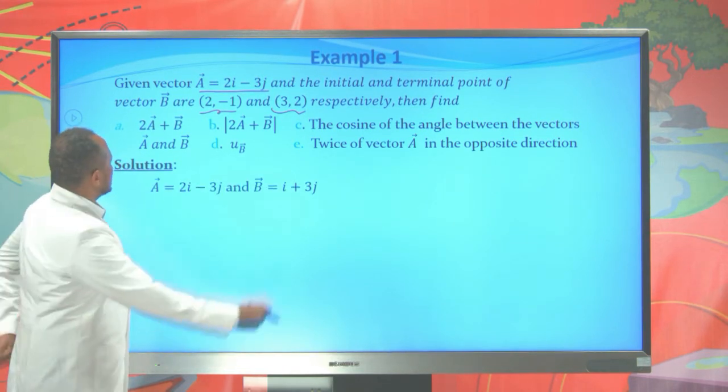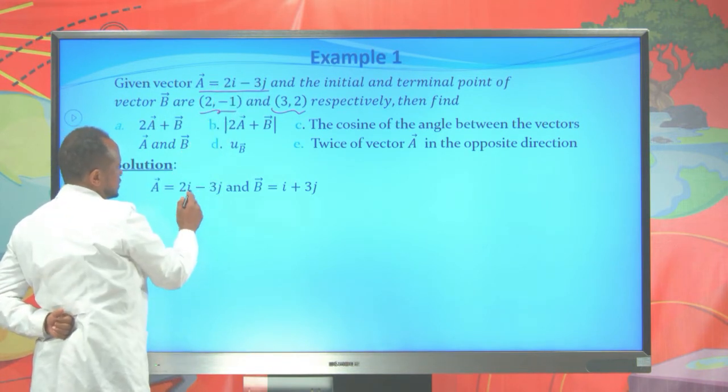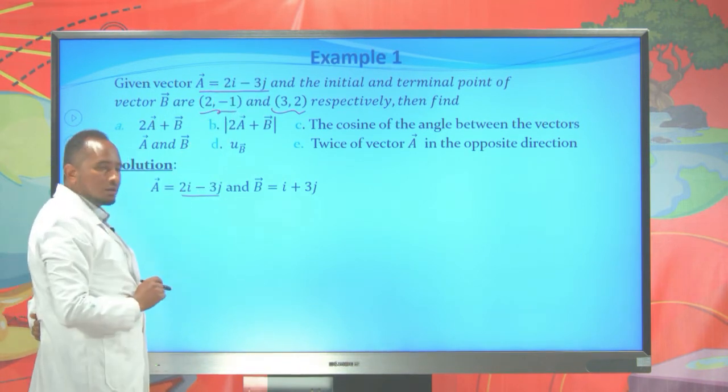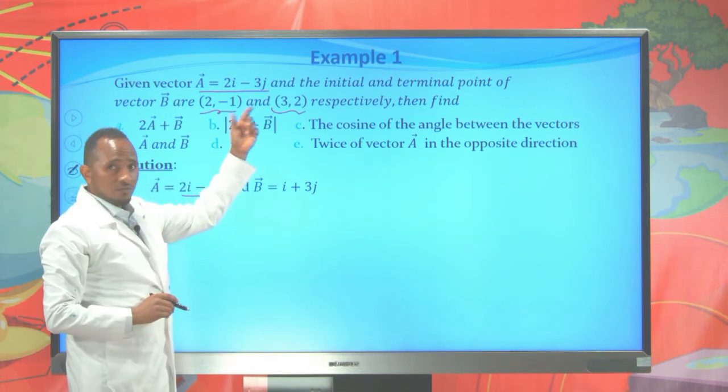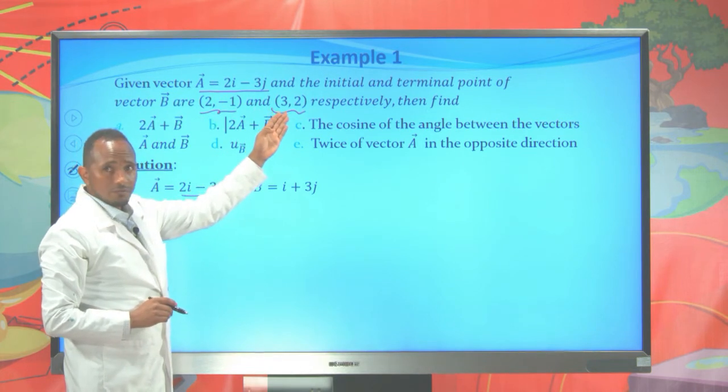First, vector A is given, it is 2i minus 3j, and we need to find vector B. Its initial and terminal points are given.